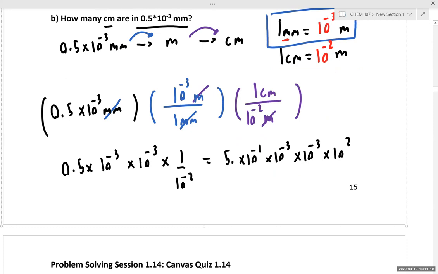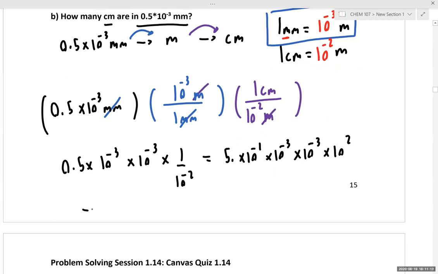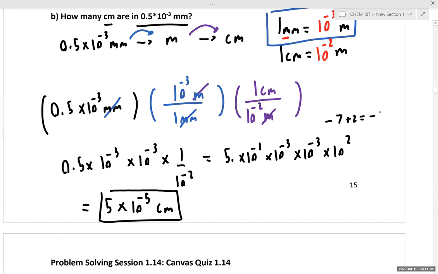And if I add up all my powers of 10, I in turn get 5 times 10 to the negative fifth centimeters, because we have negative 7 plus 2, which is negative 5.